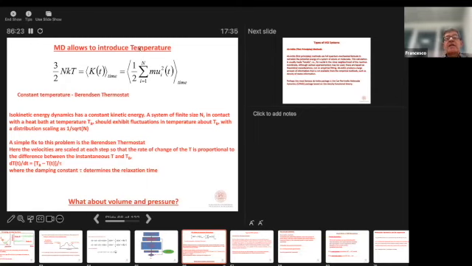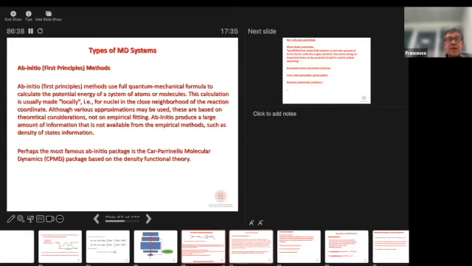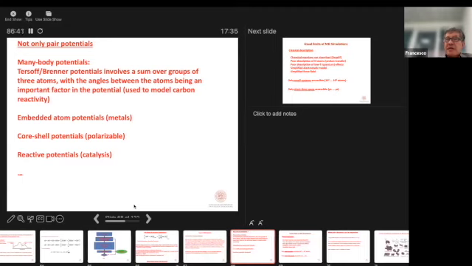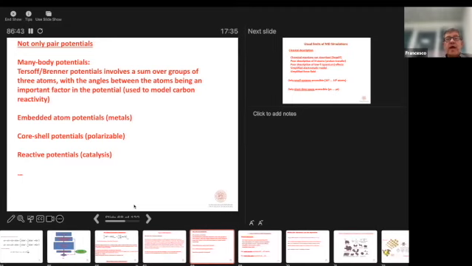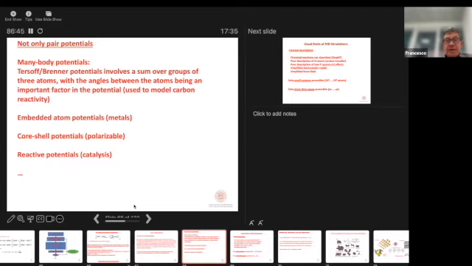One can introduce temperature and freeze it somehow and keep it constant. And of course, the problem applies also to volume and pressure, that they have to be dealt with in the proper way. There are all sorts of different ways to do it, also including ab initio.